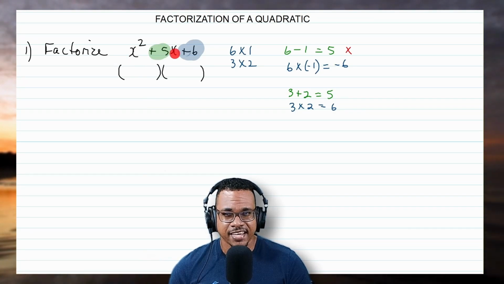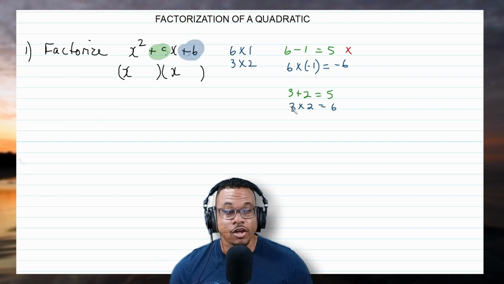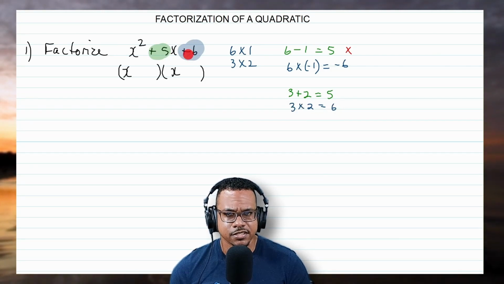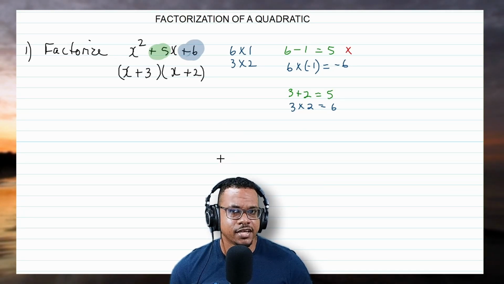So my variable is x because I have x squared and 5x. So that's why I'm going to put x here and here. And now I'm going to say, because positive 3 and positive 2 give positive 5, which is here, and positive 3 by positive 2 give positive 6, which is here, I'm going to write positive 3 and positive 2. And that will be your answer.